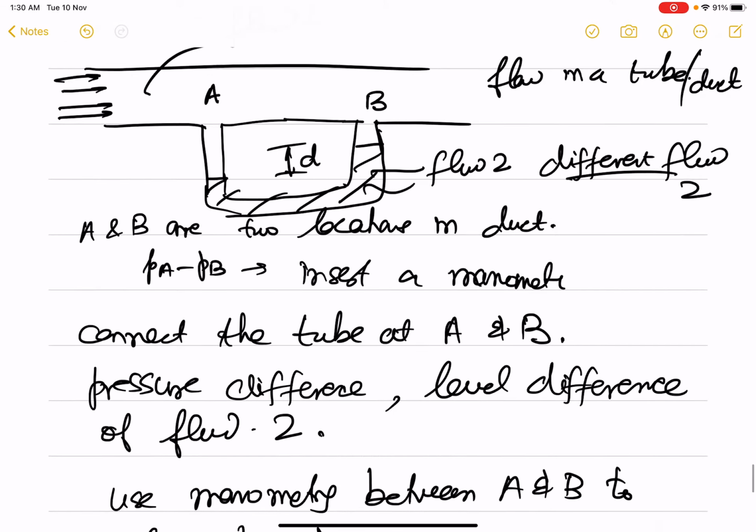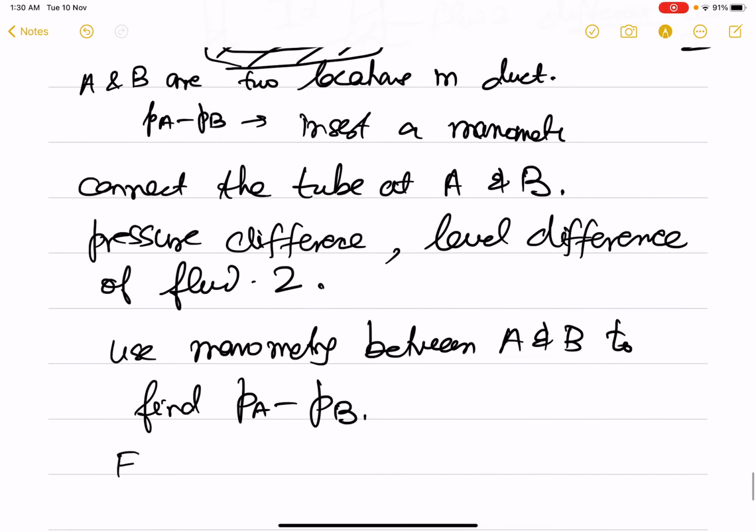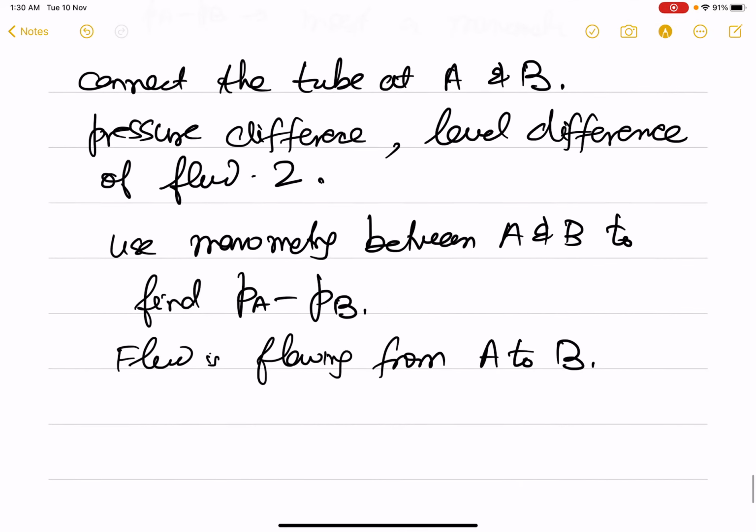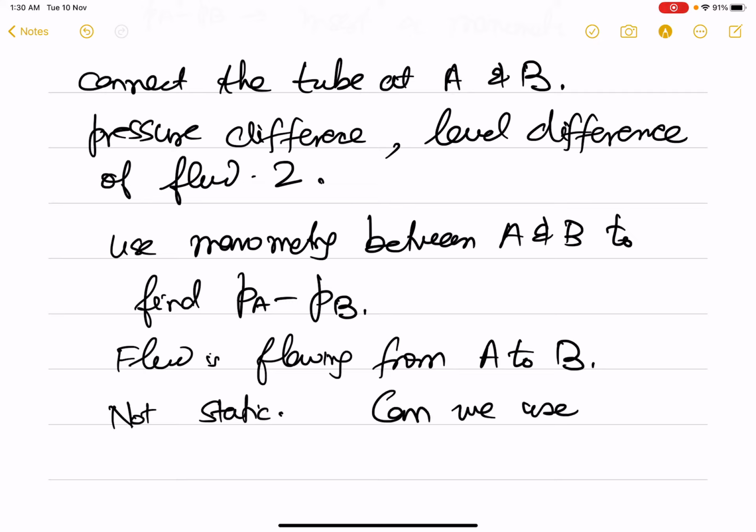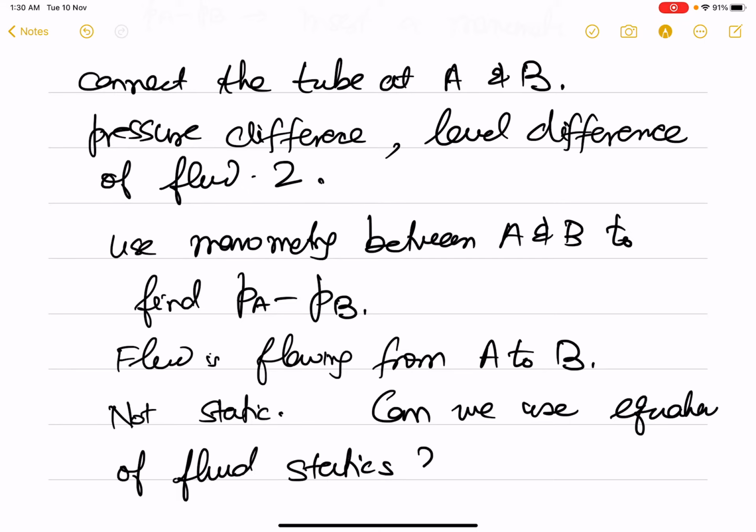Now one question you can ask is that the fluid is flowing from A to B. That means it is not static. So can we use the equation of fluid statics?